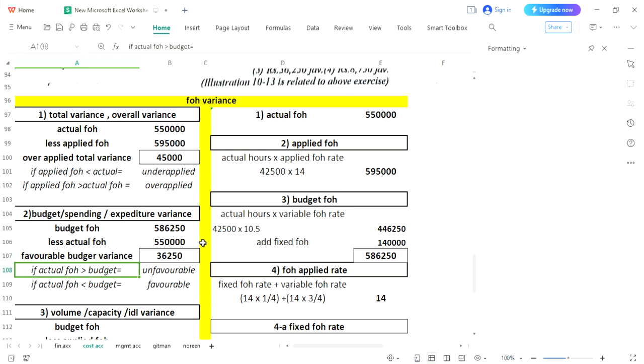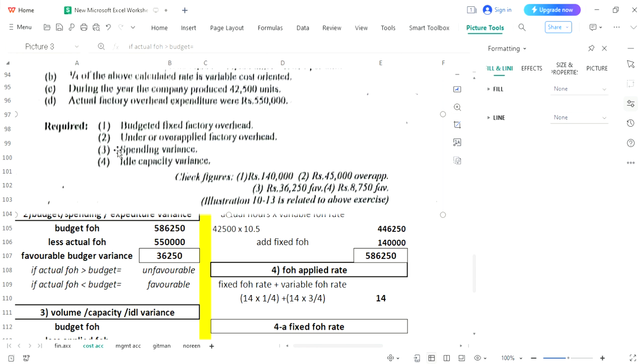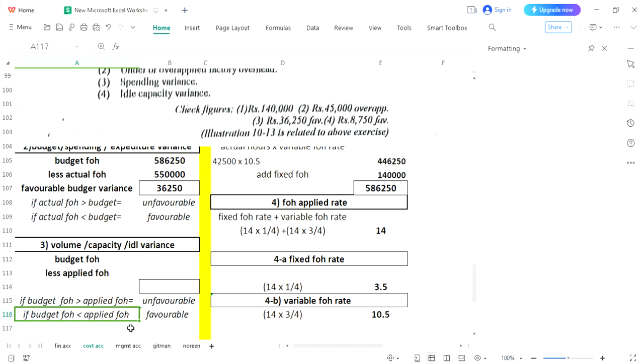Okay, let's see what this requirement was. The third requirement was spending variance, and the third requirement answer is 36,250, and here is your 36,250. It is favorable, and we have also mentioned favorable. So good to go.